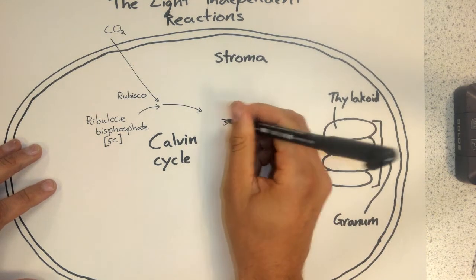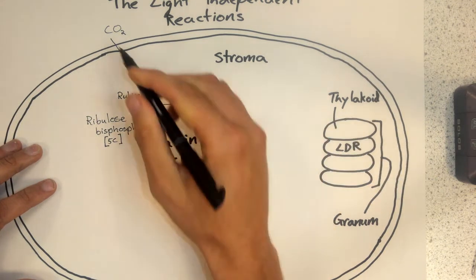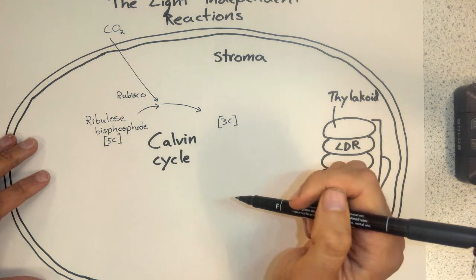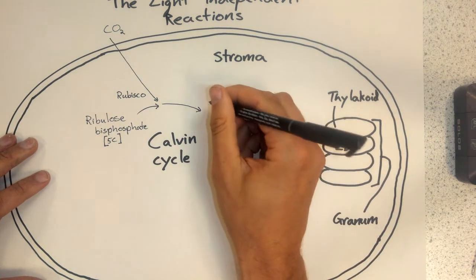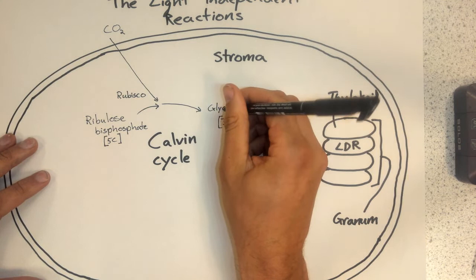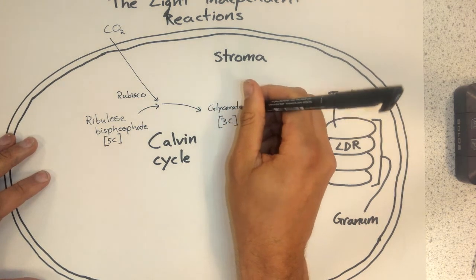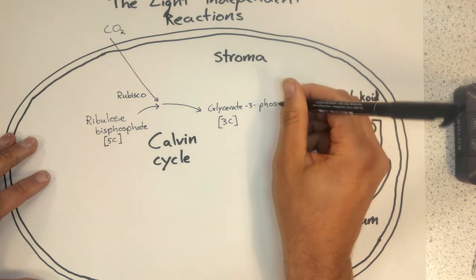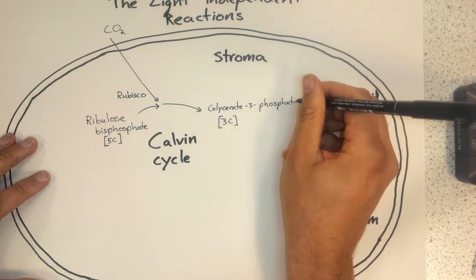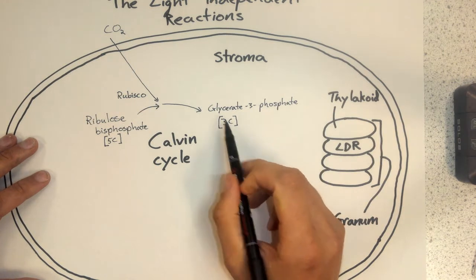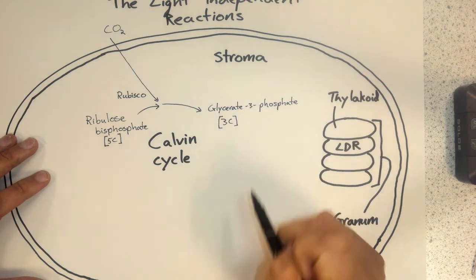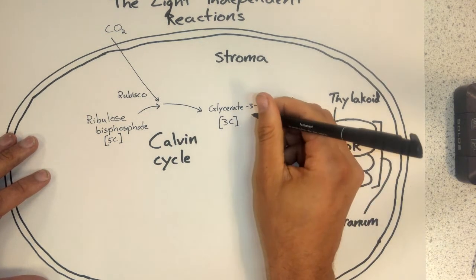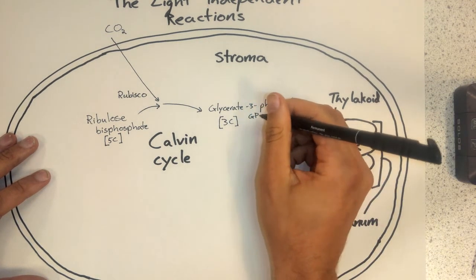These 3-carbon molecules are called glycerate 3-phosphate. Glycerate 3-phosphate is often referred to by its abbreviation GP.